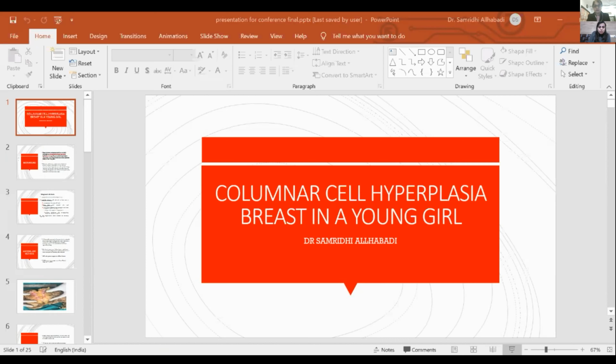First, let us talk about what exactly columnar cell lesions are. Columnar cell lesions are characterized by a variably proliferative, cytologically bland columnar cell epithelium lining dilated terminal duct lobular units, which are often seen with luminal secretions and cytoplasmic blebs on the lining cells.